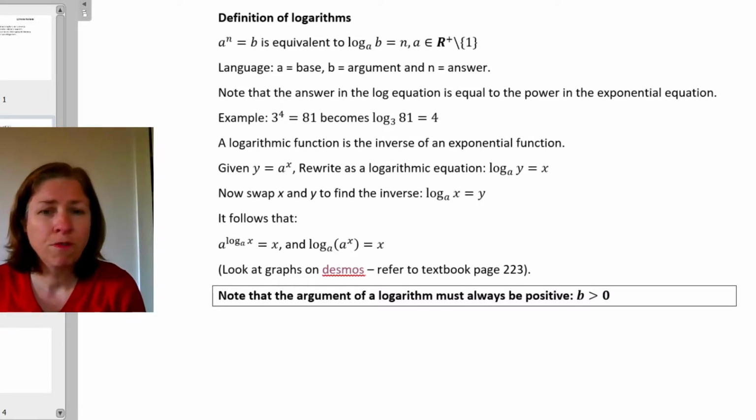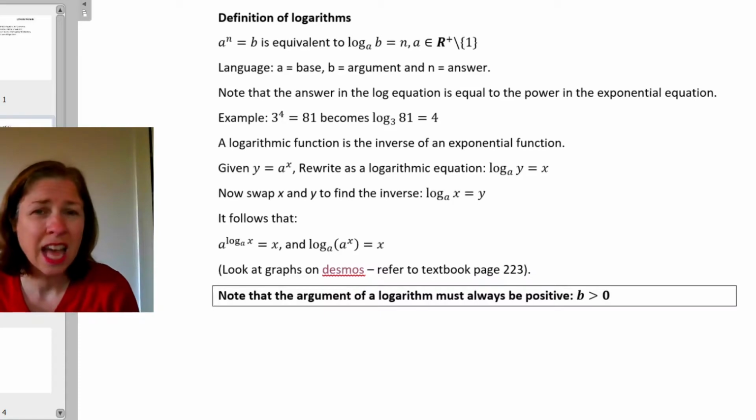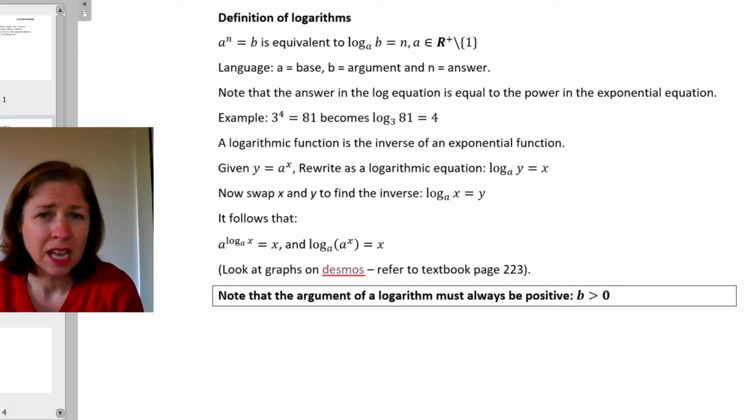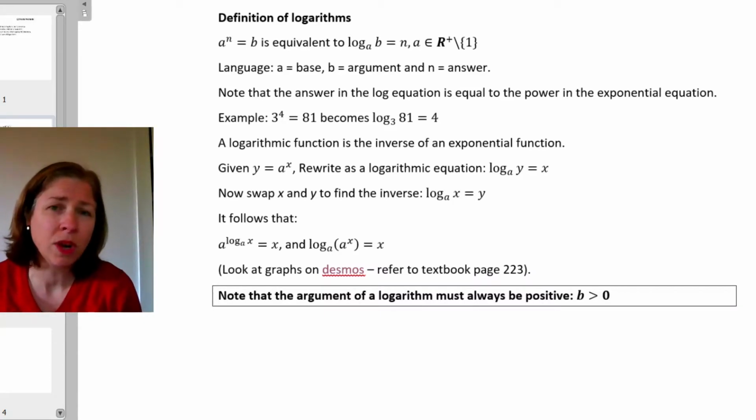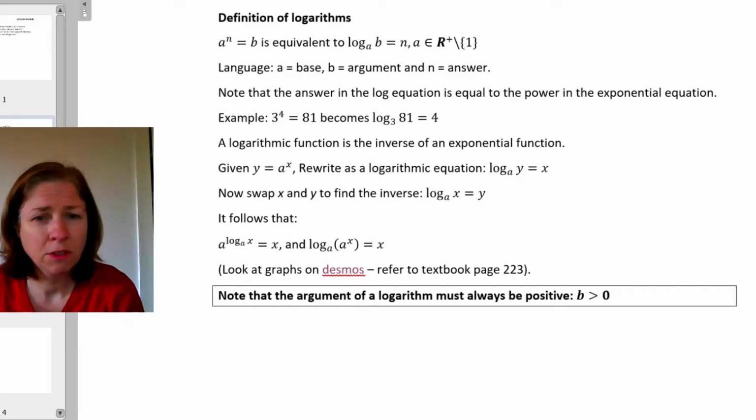So if these are inverses of each other, remember that an inverse undoes the function. For example, the inverse of x squared is the square root of x. If I start with 5 and square it, I get 25, then I square root it, and I'm back to 5. So if I apply an inverse and the function, I should get back to x.